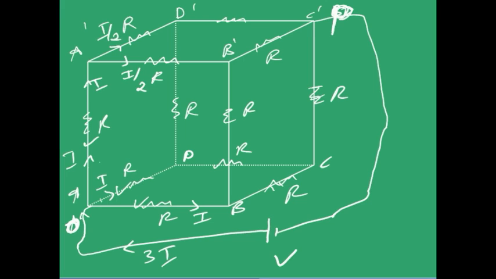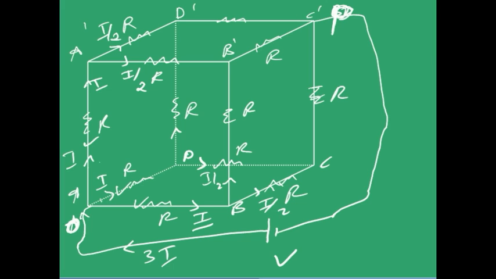Those two resistors have the same resistance, and they are in equal electrical environment. So by symmetry, here the current division is I by 2, I by 2. By using the same principle, here the current I, which flows from A to B, also gets divided into I by 2 and I by 2 here. And the similar thing takes place here also.